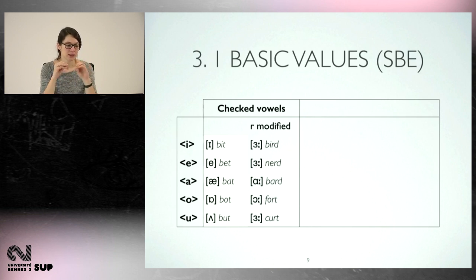So what you have here in these words, the fact that the vowel is predominant, as an R modified checked value of the vowels of English, is linked to the fact that the consonant R is pronounced in the middle, in the central part of the mouth. And this characteristic, this articulatory property of the consonant, was transferred to the vowel, which was centralized.